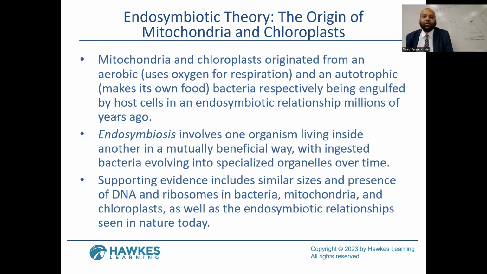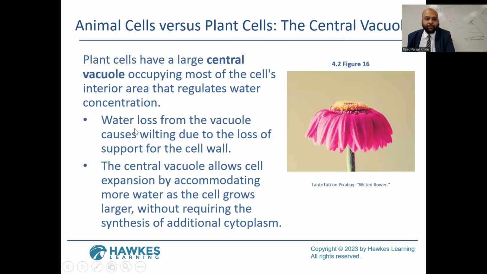Endosymbiosis means one organism living inside another in a mutually beneficial way, with ingested bacteria evolving into specialized organelles over time. Supporting evidence includes similar sizes and the presence of DNA and ribosomes in mitochondria and chloroplasts, as well as endosymbiotic relationships seen in nature today.